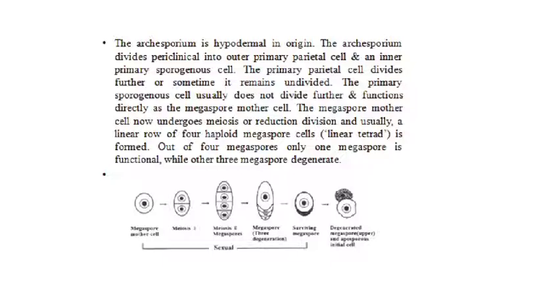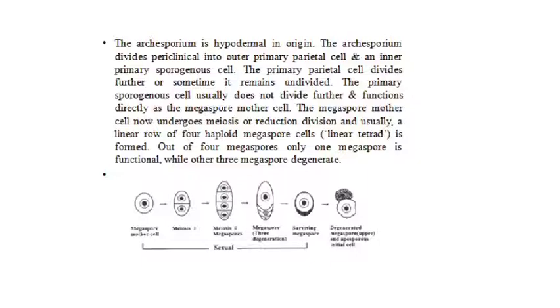The megaspore mother cell now undergoes meiosis or reduction division, and usually a linear row of 4 haploid megaspore cells is formed. Out of 4 megaspores, only 1 megaspore is functional, while the other 3 megaspores degenerate.